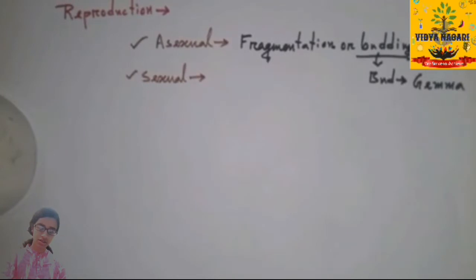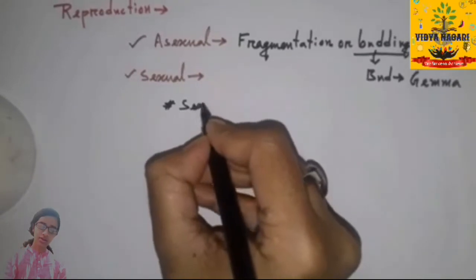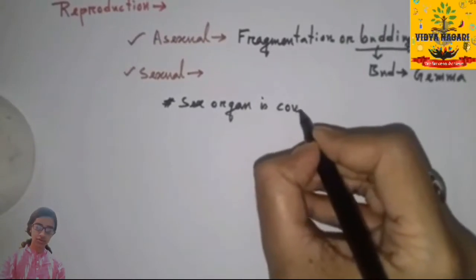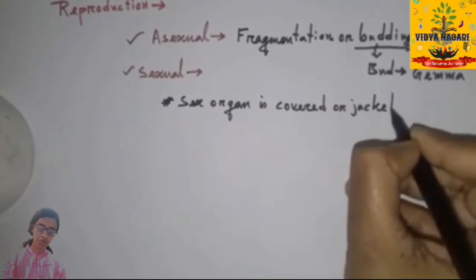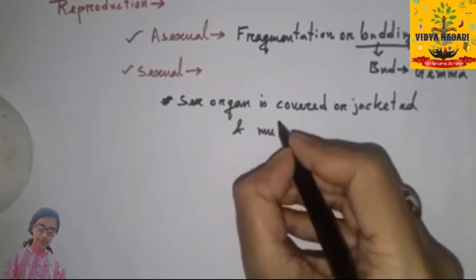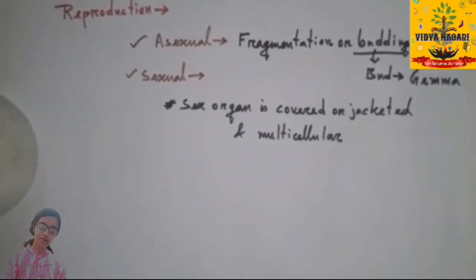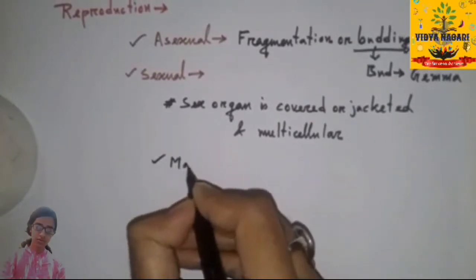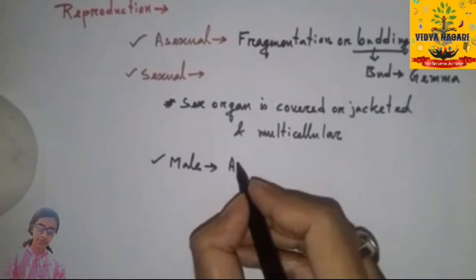In case of sexual reproduction, their sex organ is covered or jacketed and multicellular. They have both male sex organ as well as female sex organ. The male sex organ is known as antheridium.